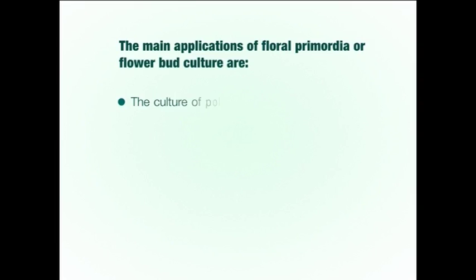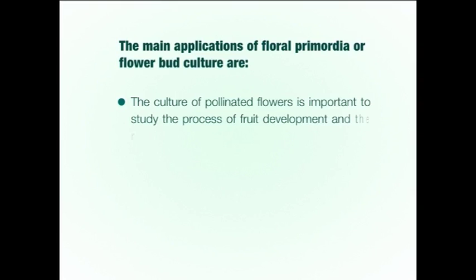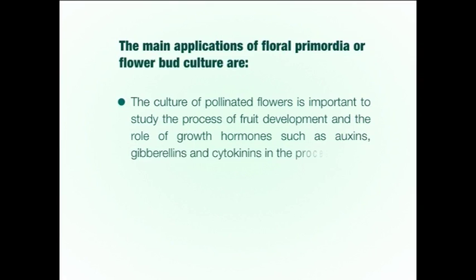Thirdly, the culture of pollinated flowers is important to study the process of fruit development and the role of growth hormones such as auxins, gibberellins, and cytokinins in the process.